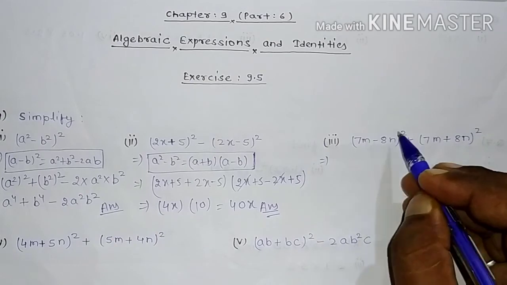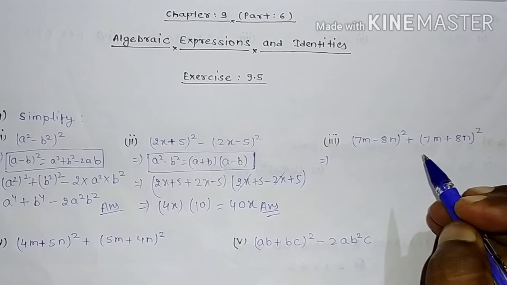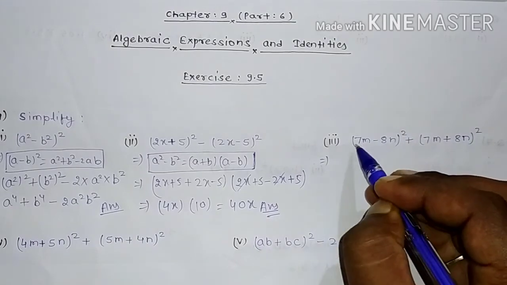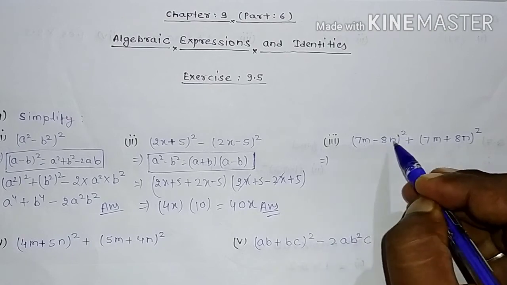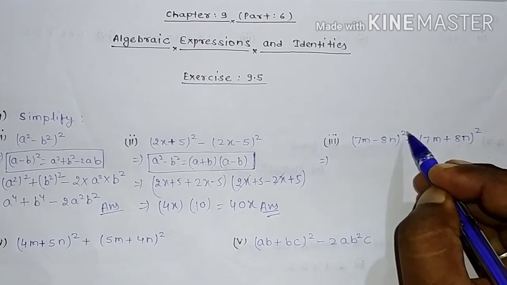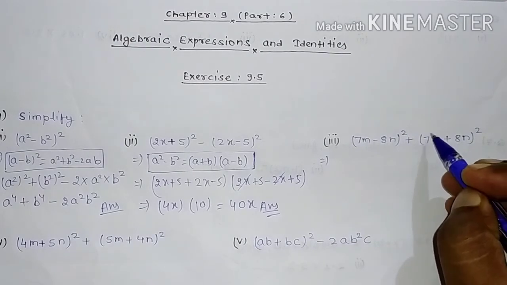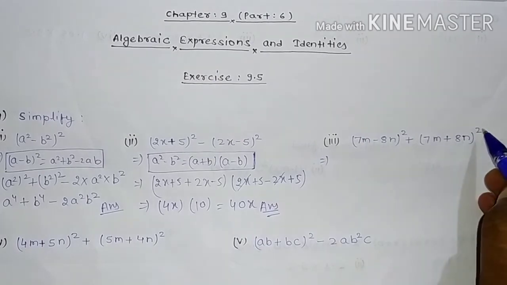So this is a square plus b square. But here we have to take 7m equal to a and 8n equal to b. So it will be a minus b whole square. Similarly, here we can take 7m equal to a and 8n equal to b. So a plus b whole square.